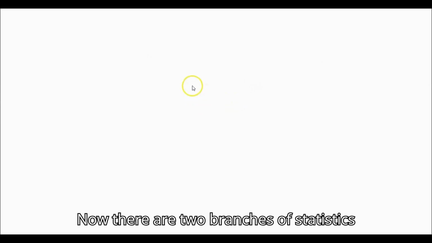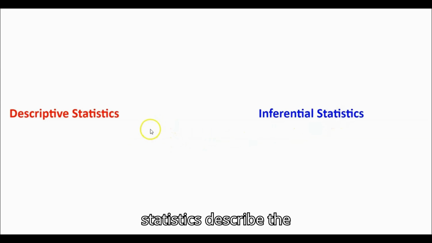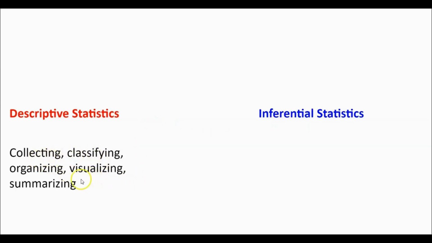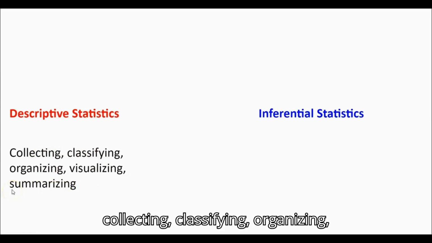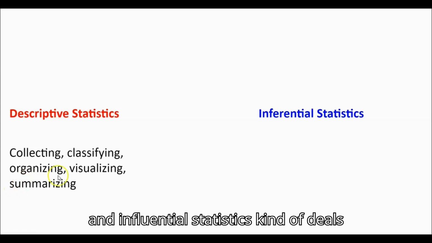Now, there are two branches of statistics that we need to know: descriptive statistics and inferential statistics. Descriptive statistics takes care of the first half of that sentence, that definition: collecting, classifying, organizing, visualizing, summarizing.